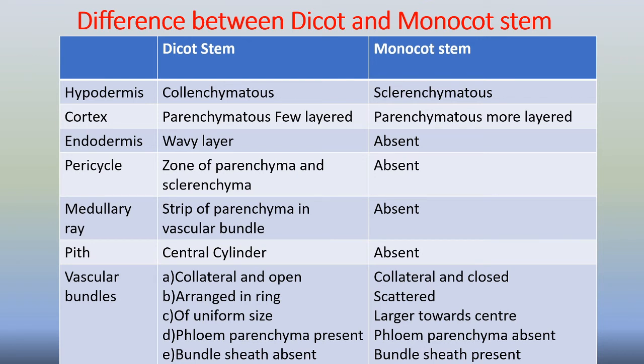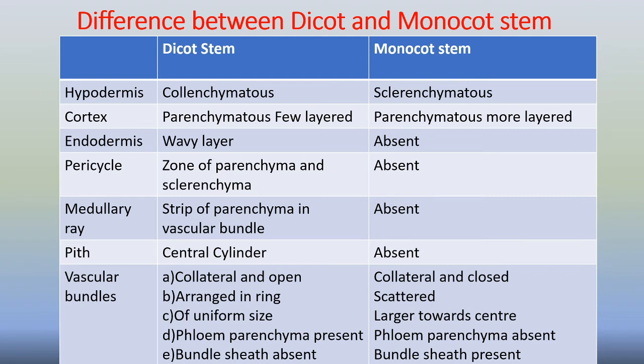In case of the dicot, endodermis is present and it is a wavy layer which is totally absent in case of the monocot stem. The pericycle is one of the important zones present in the dicot stem, consisting of parenchyma and sclerenchyma in patches, which is totally absent in the monocot stem. The medullary rays are present in the form of strips of parenchyma cells between the vascular bundles in case of the dicot stem, which is totally absent in the monocot stem.